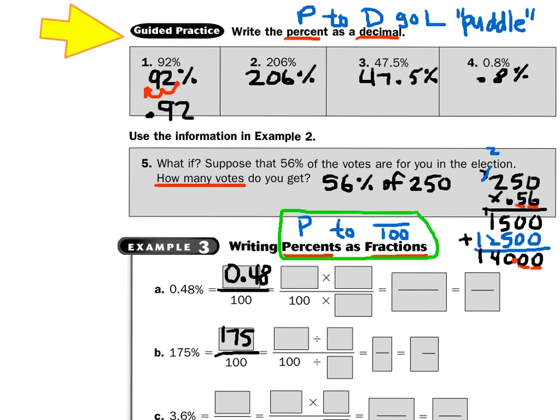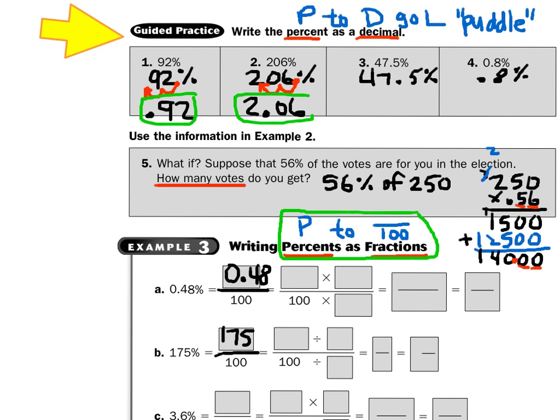Take a look at number 2 when they gave us 206%. You want to grab your red and put that decimal point at the end of the number, and then remember, percent means move it 2 places to the left, and then you would get your decimal of 2.06, and you can box your answer.